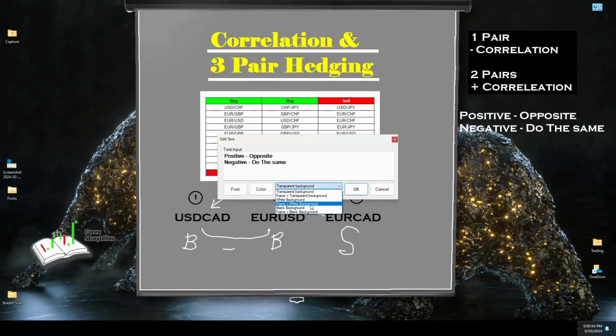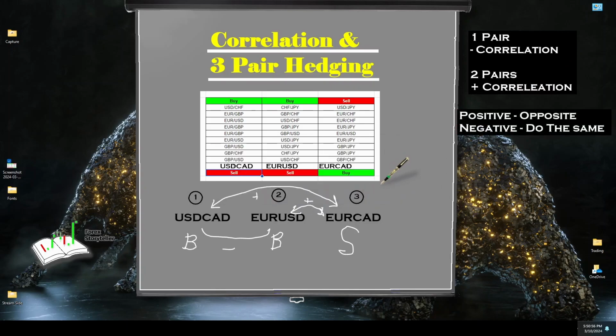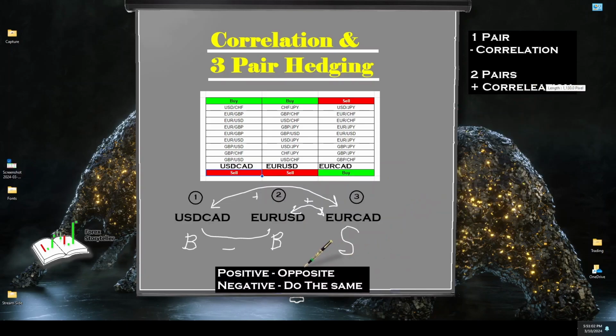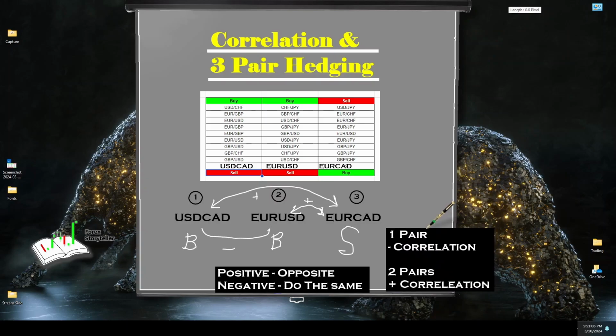So anything that's positive, you do the opposite. Negative, do the same. Just keep that in mind. And anytime you're setting up your pairs, it will always work out to where this will naturally occur. So you just have to keep this in mind whenever you're setting up your structure for how you want to hedge.